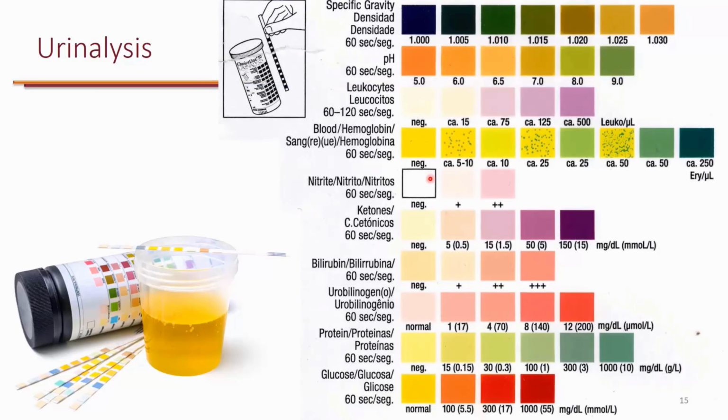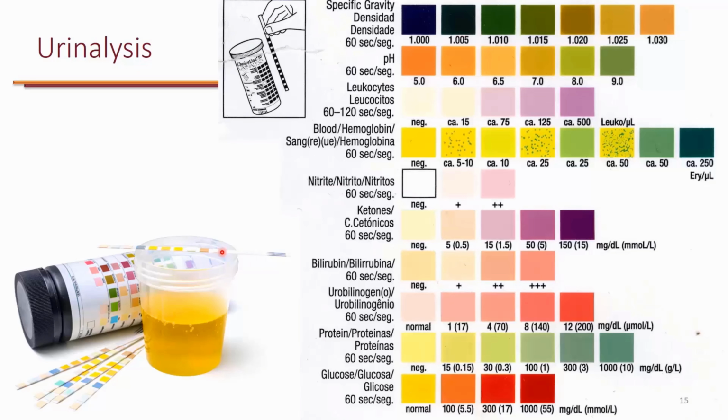You don't need to memorize this or anything. It's just for your information. But based on the color, they will tell you the results of the UA, or urinalysis. I'll give you one example. One thing that they look for is the presence of nitrite.